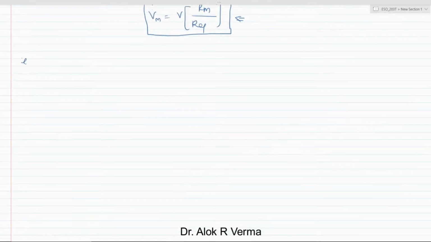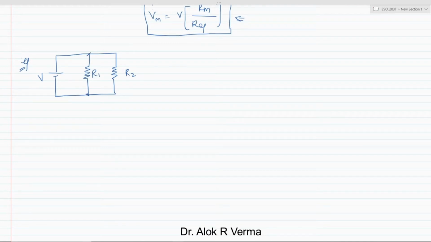So for example, we'll consider the following circuit. We have a circuit in which there are two resistors connected in parallel. How can we see that it is in parallel?